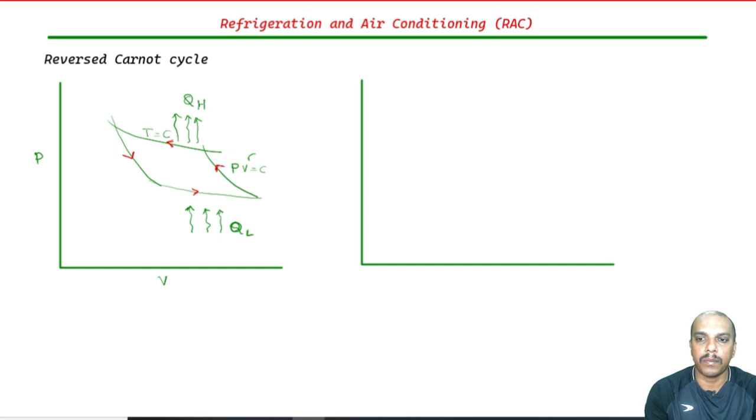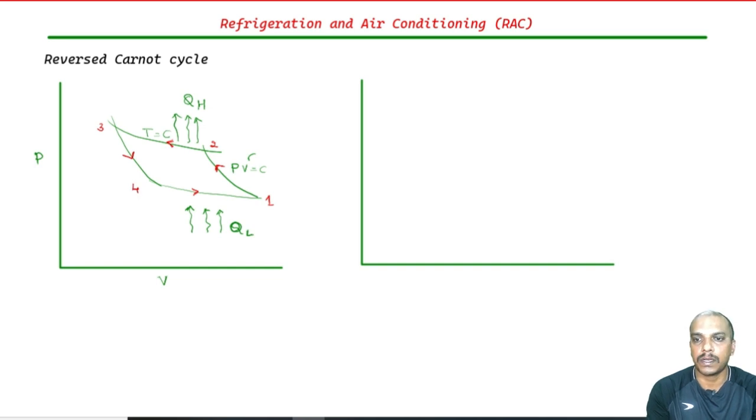So, if this is the evaporator, heat is removed from here. Do not worry about the numbering right now. I'll start 1 from here, because that is what we do in vapor compression refrigeration as well. So, 2, 3, 4.